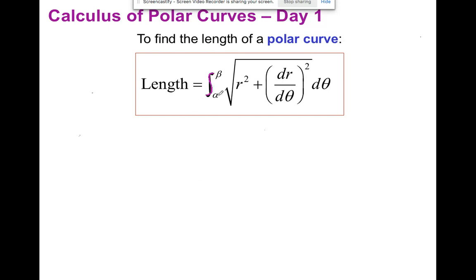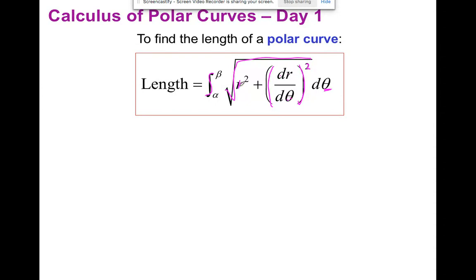It's still the integral. It's still Pythagoras. You still have a derivative squared, but the derivative is dr d theta, not dy dx, and instead of 1 squared, it's r squared. And notice it is with respect to theta.